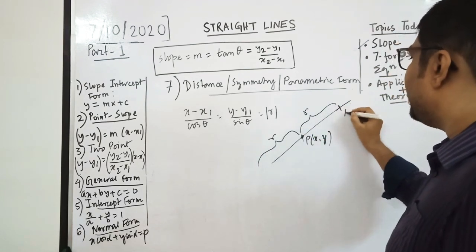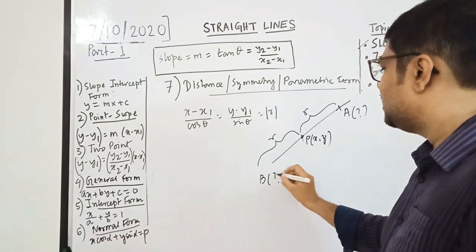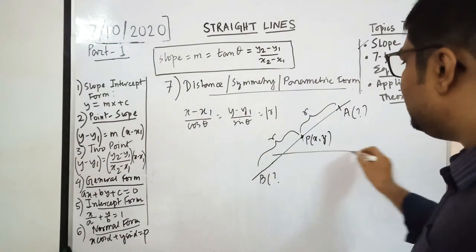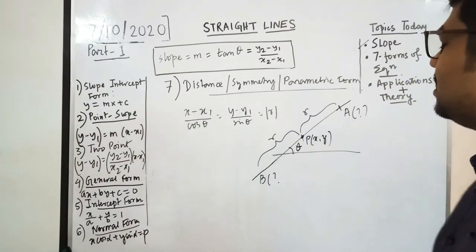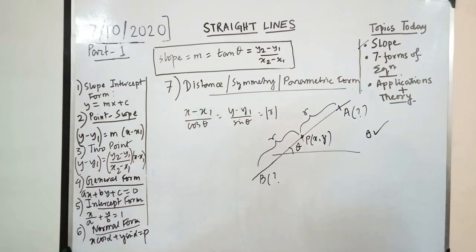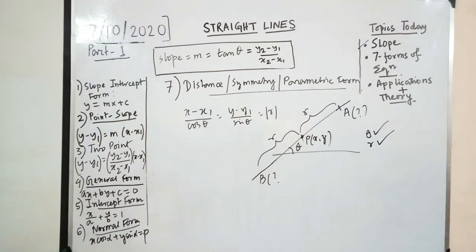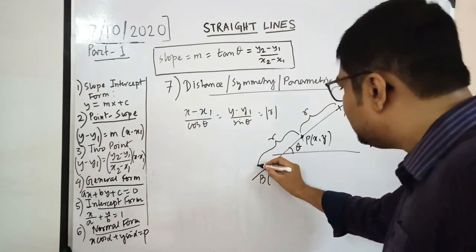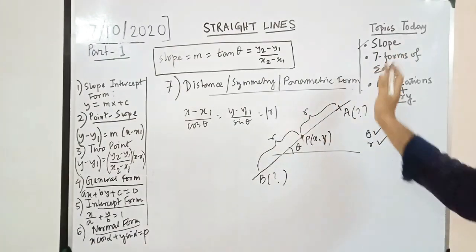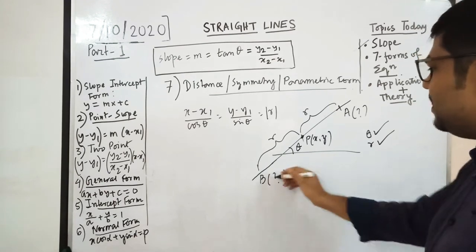So I have to find A, or I have to find B. Something is given: the line slope is theta. So the slope is given, and this distance is given, that is how much you need to move away from P. Please note that you can either go up or come down also. So there will be 2 answers.